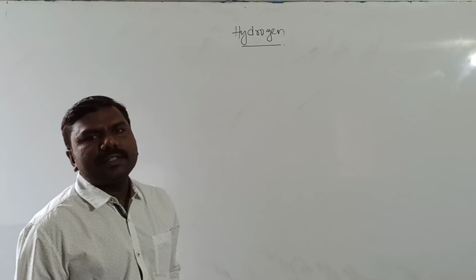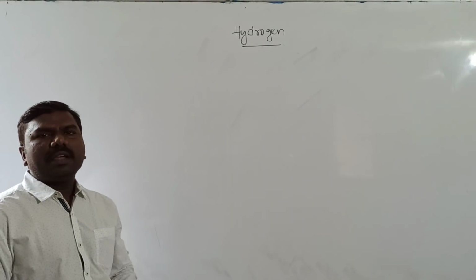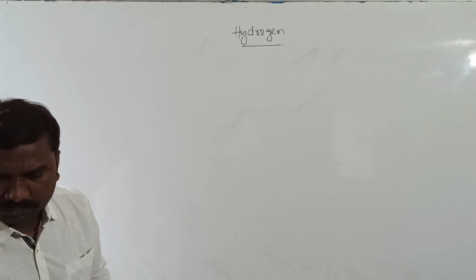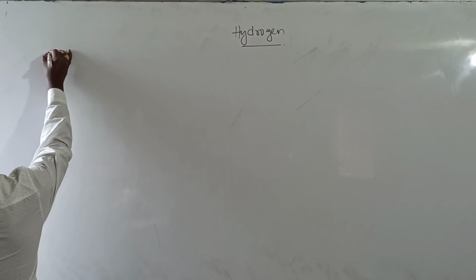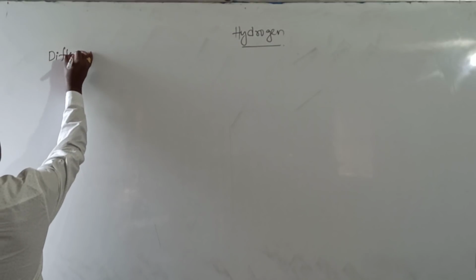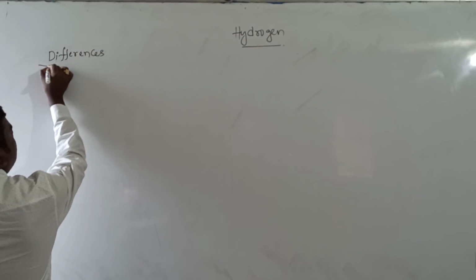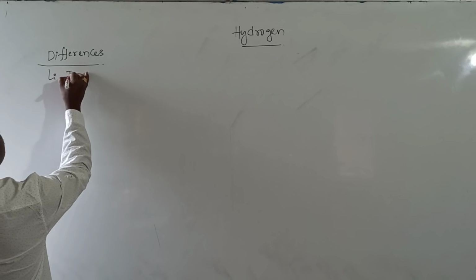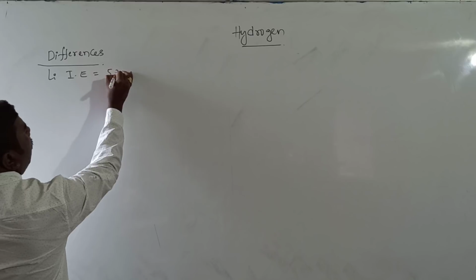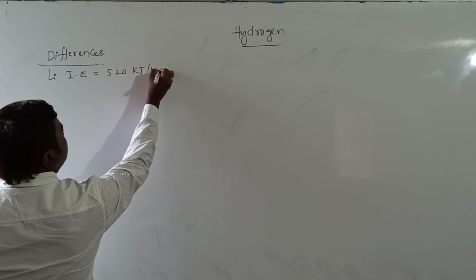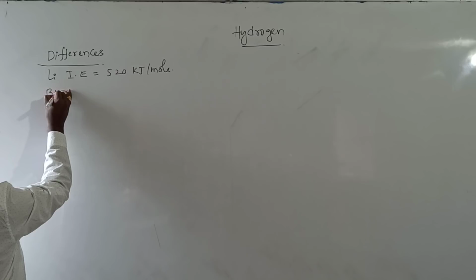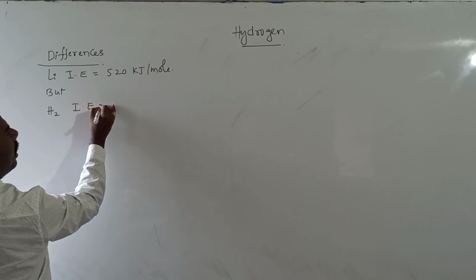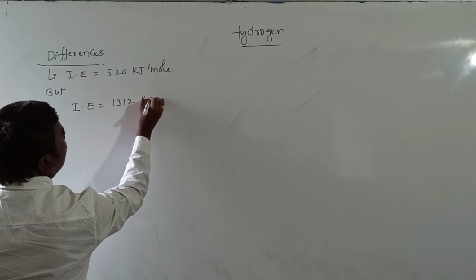What are the differences between hydrogen and the first group, hydrogen and the 17th group? Differences. First one, lithium's ionization enthalpy value is 520 kilojoule per mole, but hydrogen's ionization enthalpy value is 1312 kilojoule per mole.